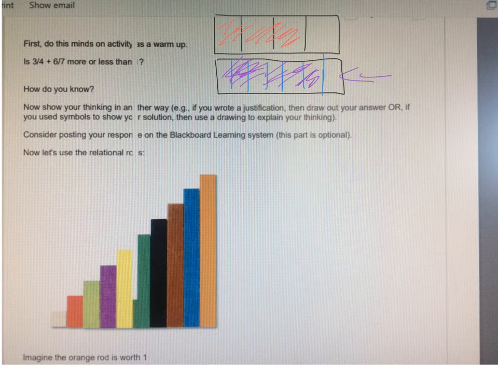I'm thinking that if it's possible to show that one of these rods would represent 6 out of 7 and one would represent 3/4, you can judge by the heights of those rods which one is larger, which is sort of the similar idea to the rectangles above that we were just talking about.